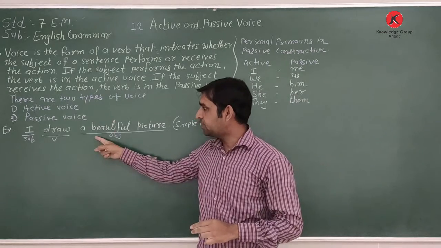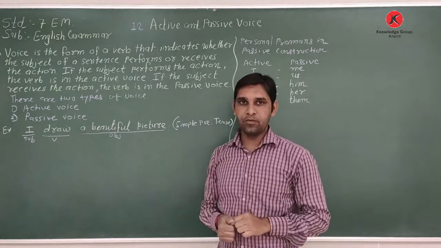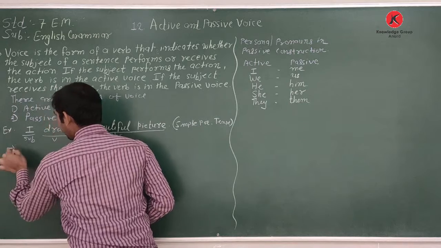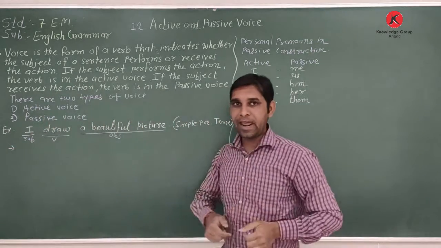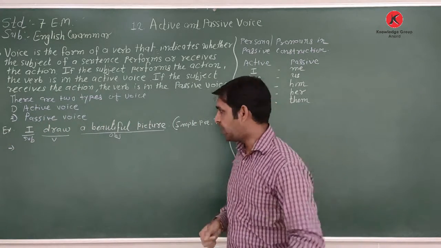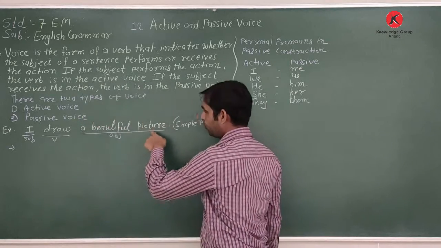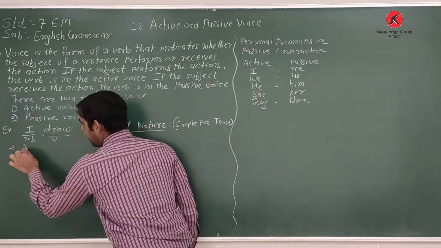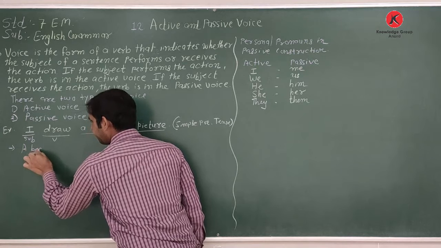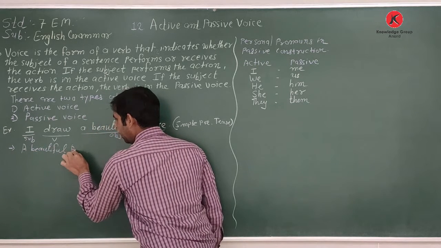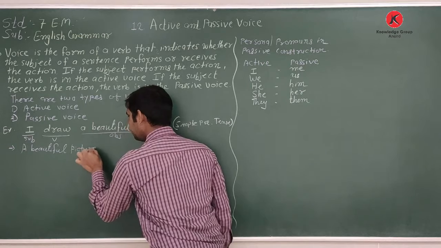We change this active sentence into passive voice. Now this is the active, now we come to the passive. What do we write first? We write the object of this sentence. What is the object? A beautiful picture. We write a capital A, beautiful picture.